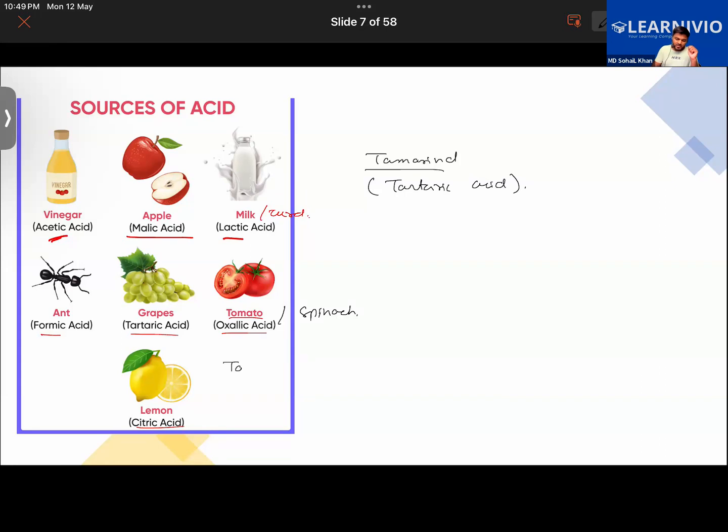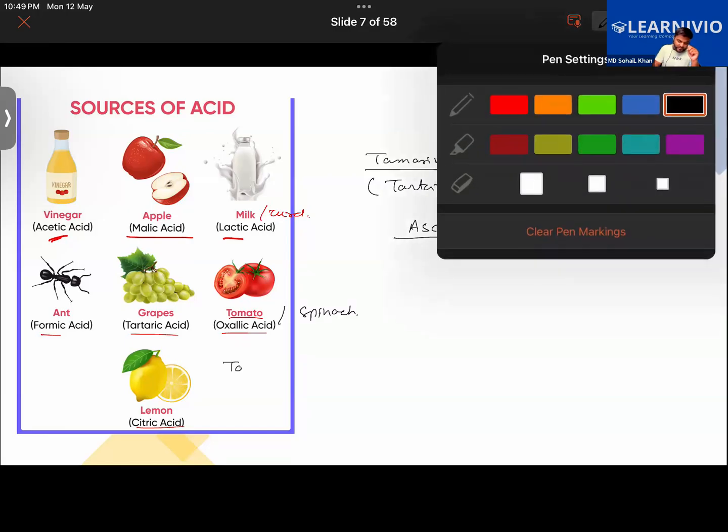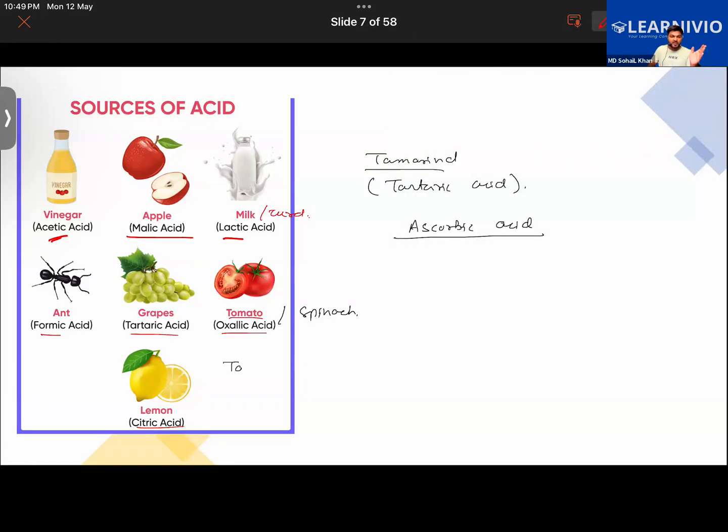Now, there is one more type of acid called ascorbic acid. It is found particularly in citrus fruits like amla.